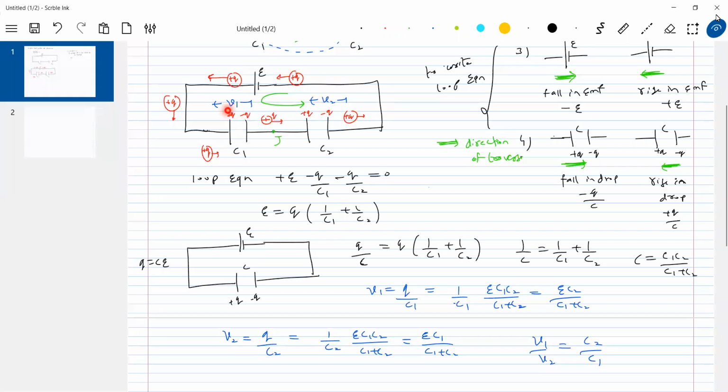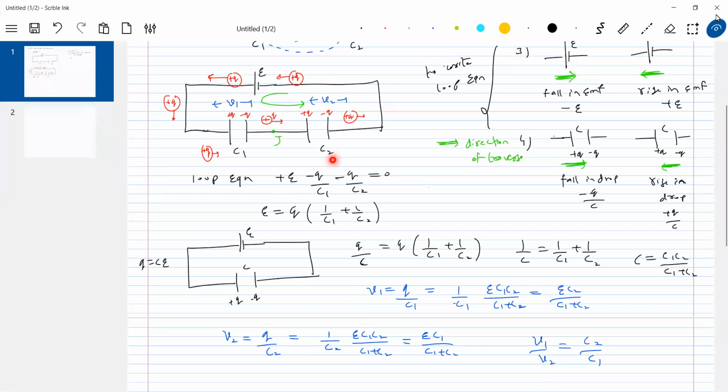Then these capacitors are said to be in series. There's a way of identifying that. If the charge doesn't branch, then the elements connected in that branch must be in series. Then the potential divider formula, you remember, is very important for us. The effective capacitance will be less than the least value that we have.